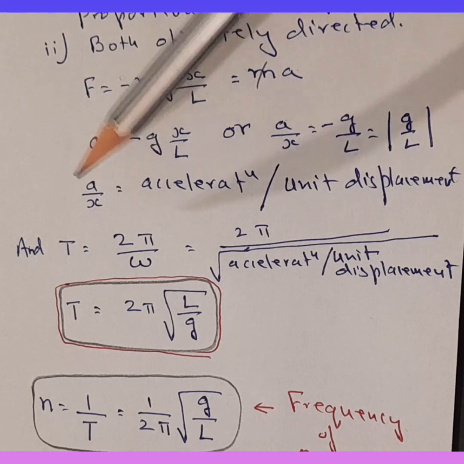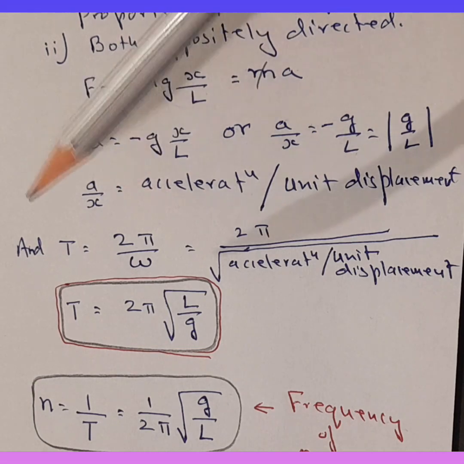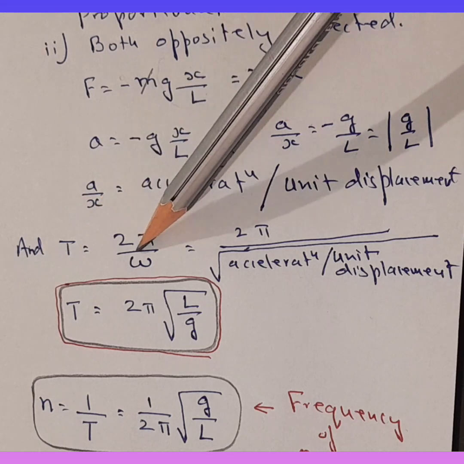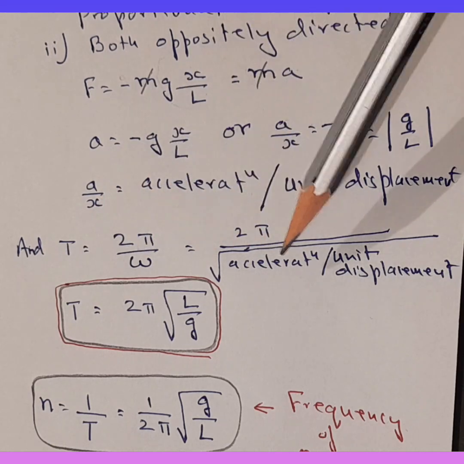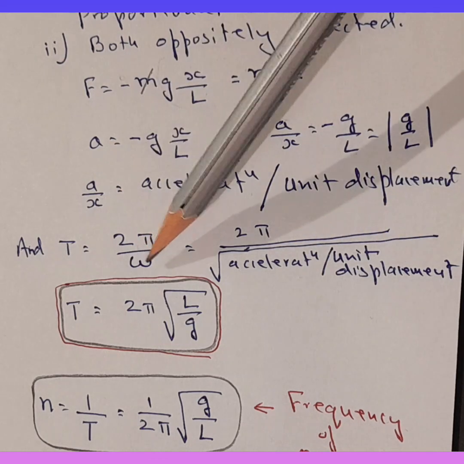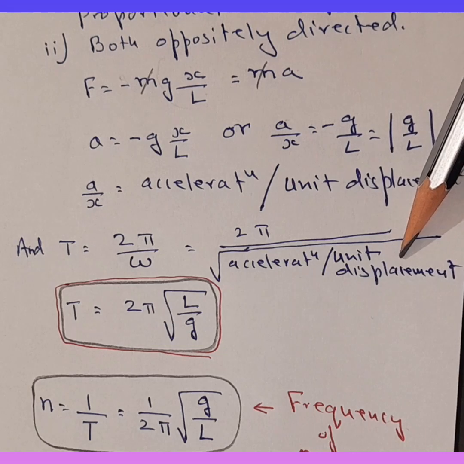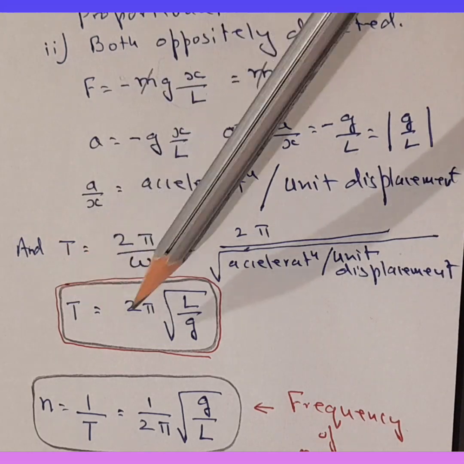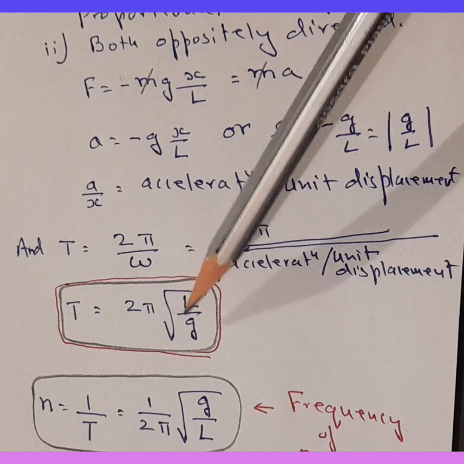Now a over x is acceleration per unit displacement. We know the formula for T is 2 pi over omega, and omega is the square root of acceleration per unit displacement, which I have derived already. So T becomes 2 pi root of L over g.